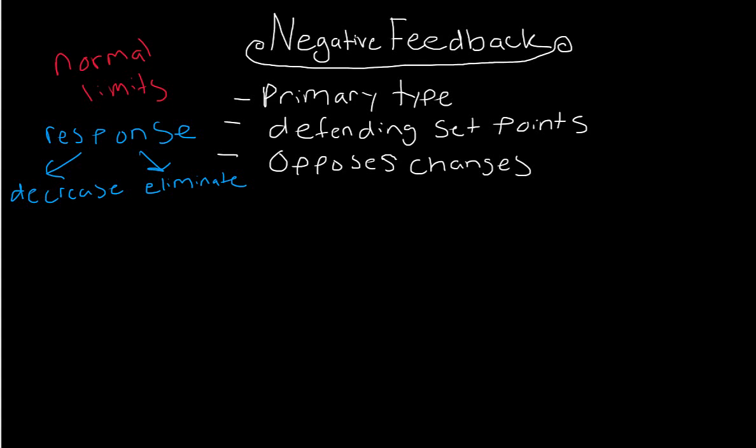When we have a deviation, of change in the body that can pose a risk, it becomes detected by a sensor. And that sensor will inform an integrator, and the integrator will send the information about the detrimental change to an effector, which can be an organ.